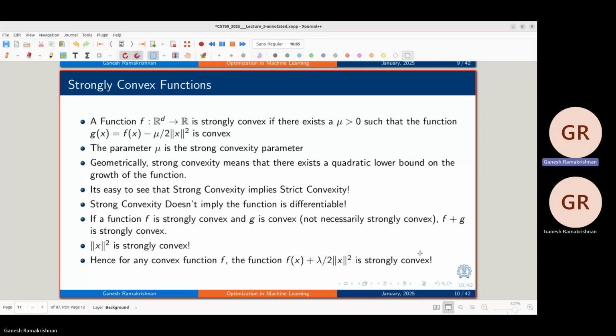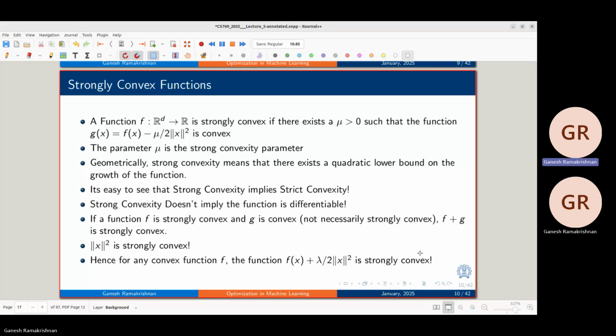Now there is another notion of convexity which is called strict convexity. Strict convexity basically means that, as I showed in the previous slide, f of theta x1 plus 1 minus theta x2, which is the function at the line segment joining two points x1 and x2, we know that this is less than or equal to theta f of x1 plus 1 minus theta f of x2.